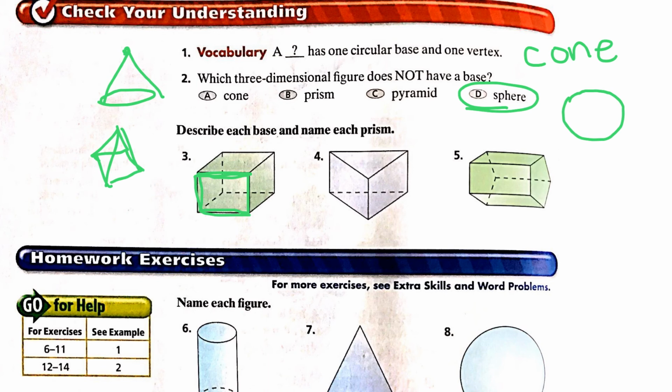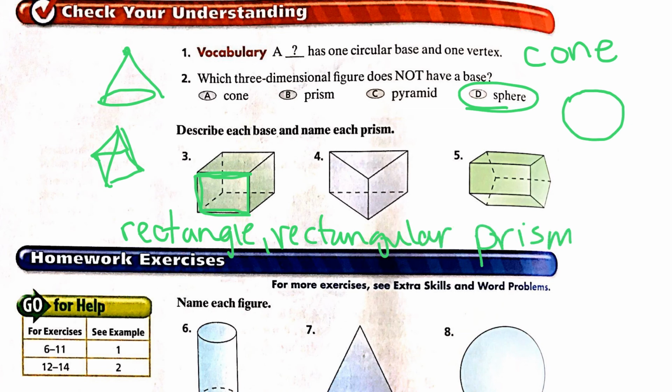Rectangular prism. So it's asking you to put both of them, rectangle and then rectangular prism. Okay, so go ahead and do numbers 4 through 23 on your own.